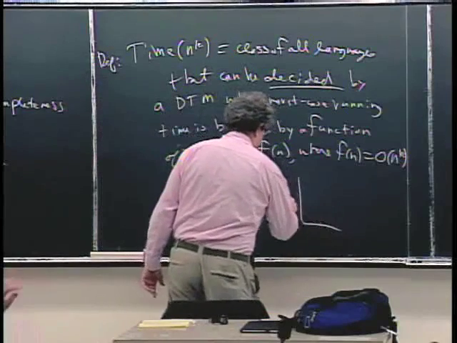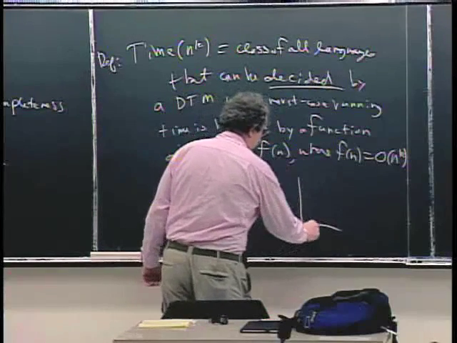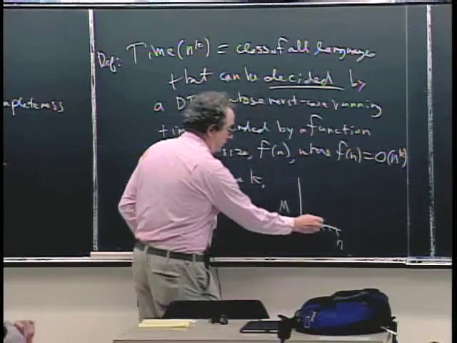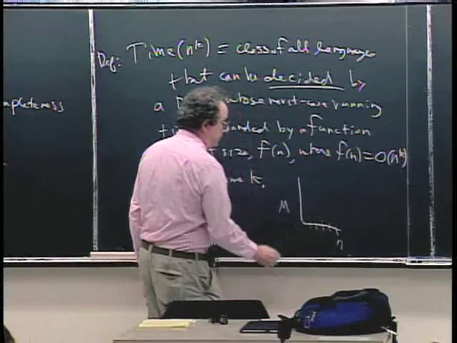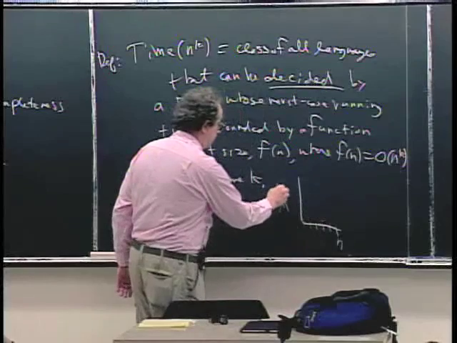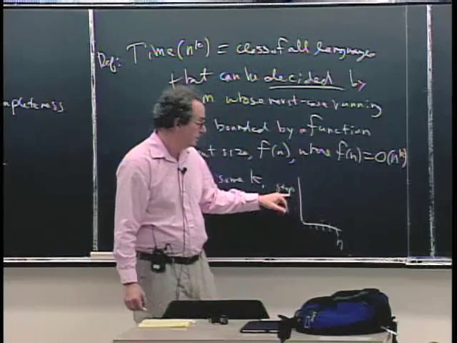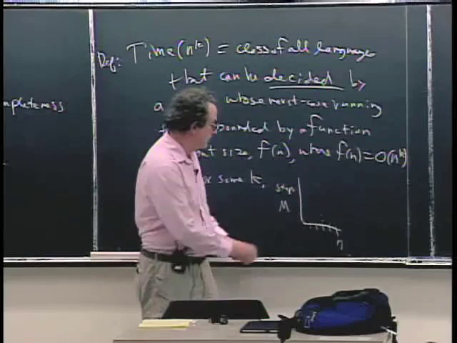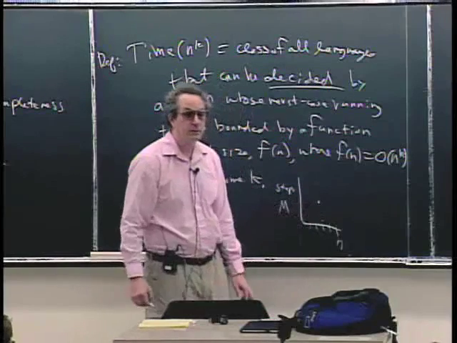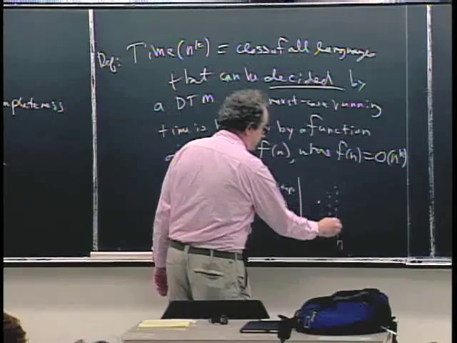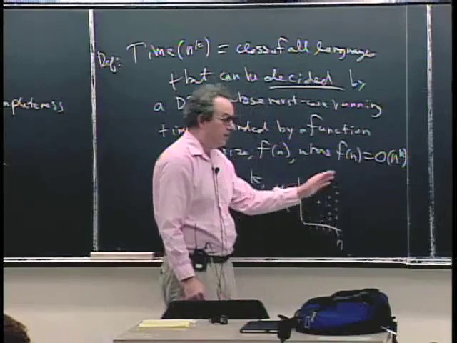So you have a particular Turing machine M, and based on the input size, there are various amounts of steps that that Turing machine takes on different particular inputs of size n. And if you look at this kind of complete plot, so conceptually, this is the set of all possible inputs.